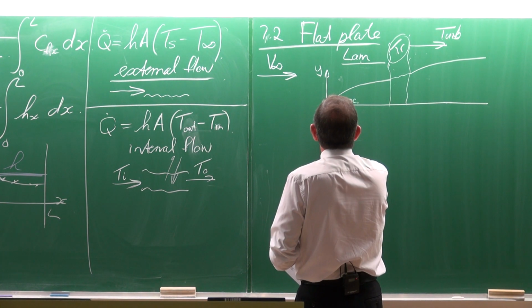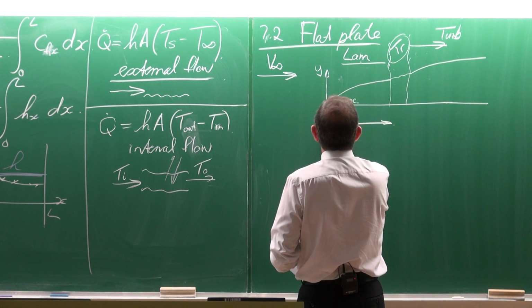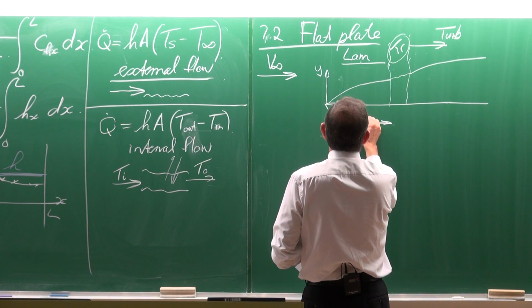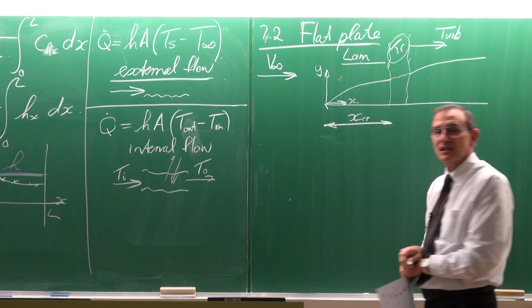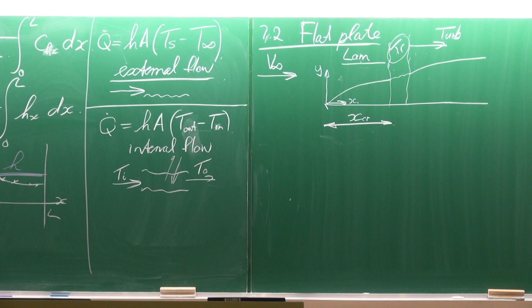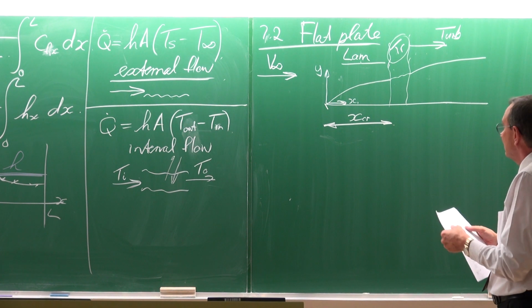Where the flow would change from laminar to turbulent or transition, we will call that distance the critical distance, the critical length, XRC.